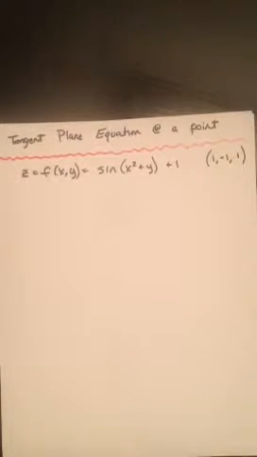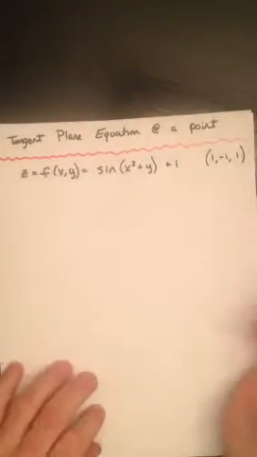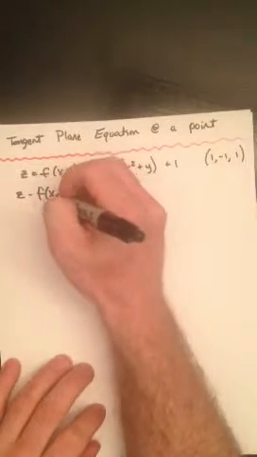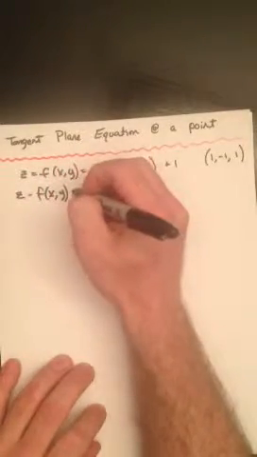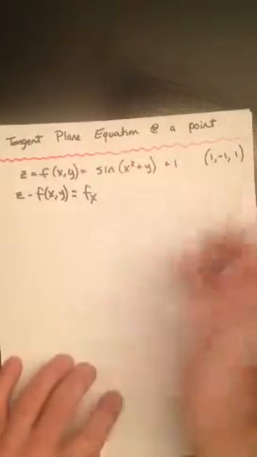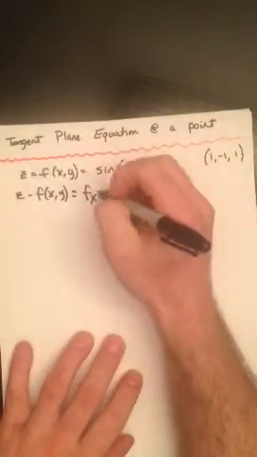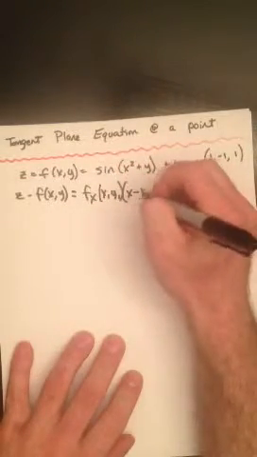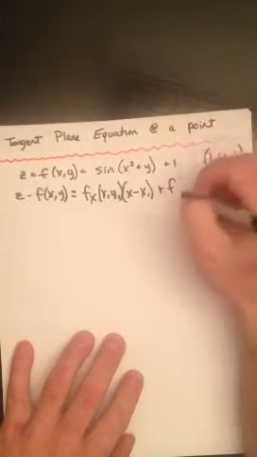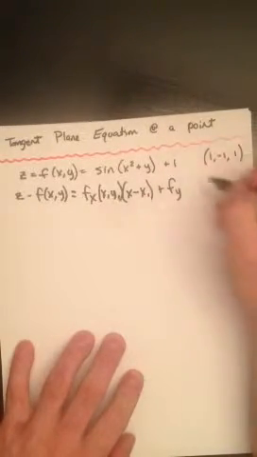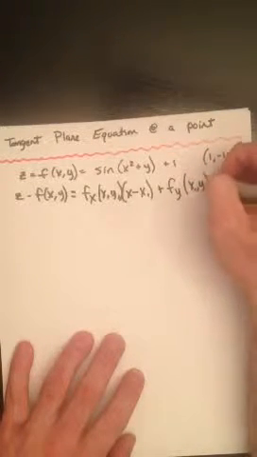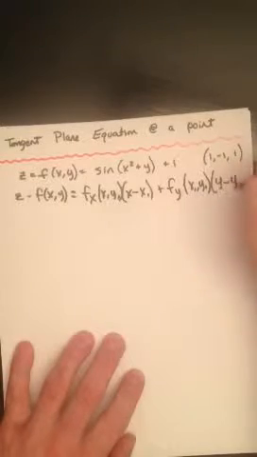Doesn't seem like a whole lot of information when you first look at it, but once you know the formula, it's all pretty straightforward. The formula reads as follows. z minus the function of x and y at the point is equal to the partial derivative with respect to x of the point values multiplied times x minus the x value of that point, plus the partial derivative with respect to y of the values of the point multiplied times y minus the y value of the point.